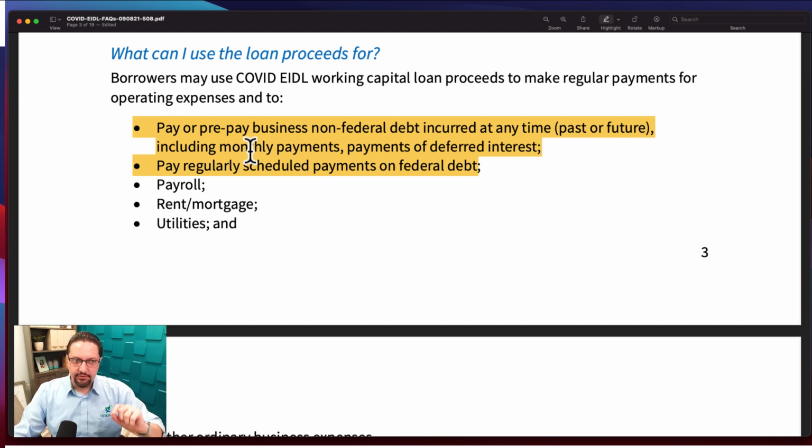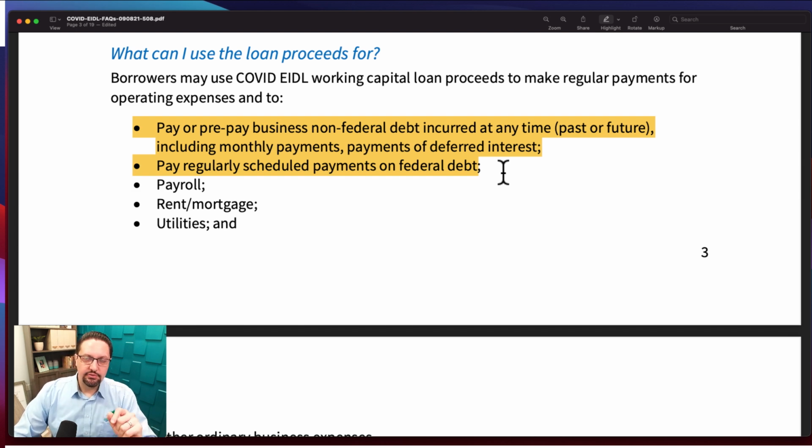Now you can. As you can see here, it says that the EIDL funds can now be used to pay or prepay business non-federal debt incurred at any time, past or future, including monthly payments, payments of deferred interest, and you can pay regularly scheduled payments on federal debt. Now, why is this big?